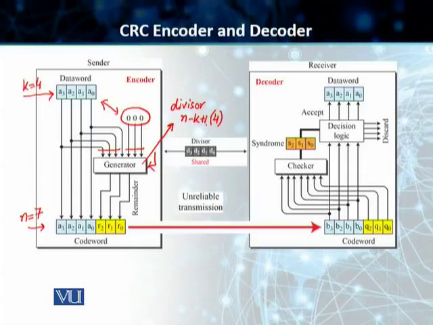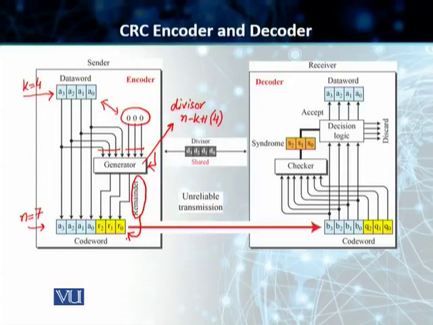Students, whatever the result is, we will discard the quotient and take the remainder. The 3-bit remainder will be added to our data word, and this will make our code word which we are going to send over to the receiving side.